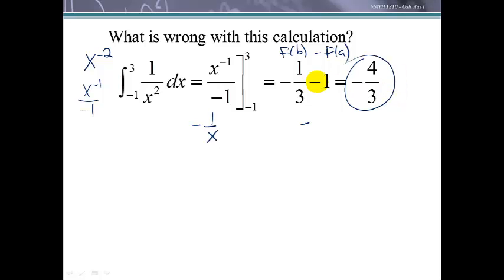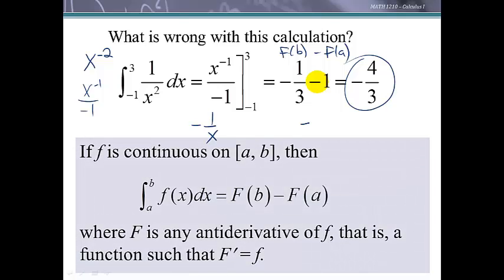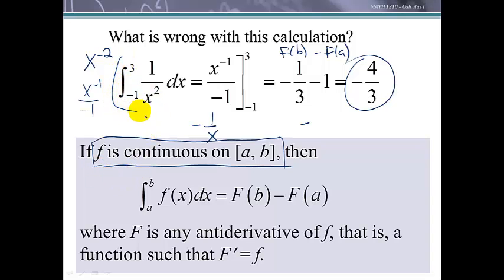That is not the correct answer. Why not? Because the fundamental theorem of calculus has the requirement that f be continuous on the closed interval from a to b. And when we have this function, it has a discontinuity at x equals 0, and I'm trying to integrate and include that point of discontinuity.